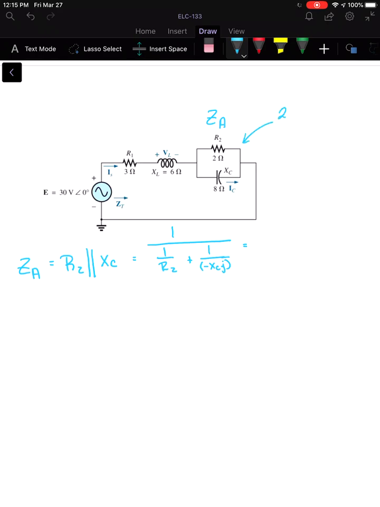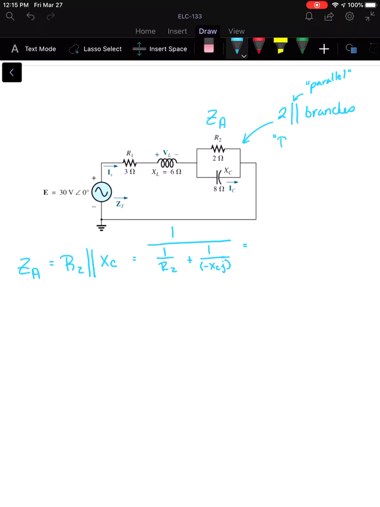Another way to do this, if you have two parallel branches, these parallel lines represent parallel.